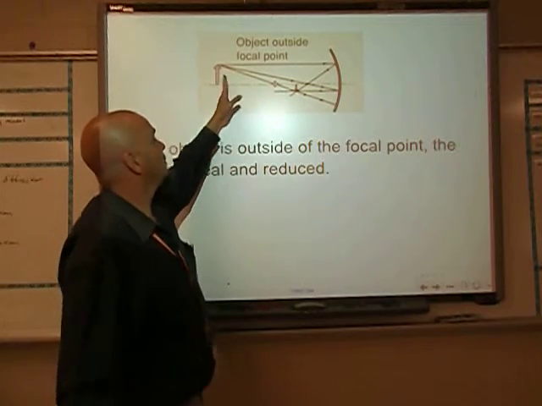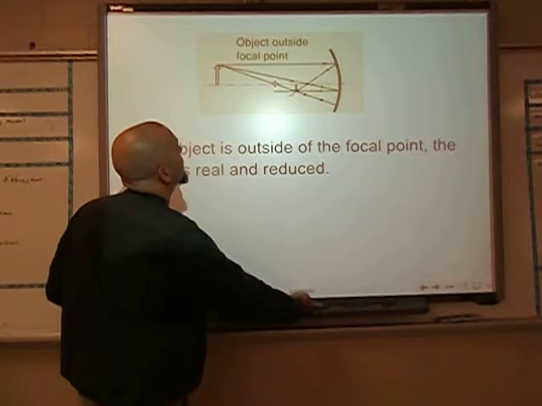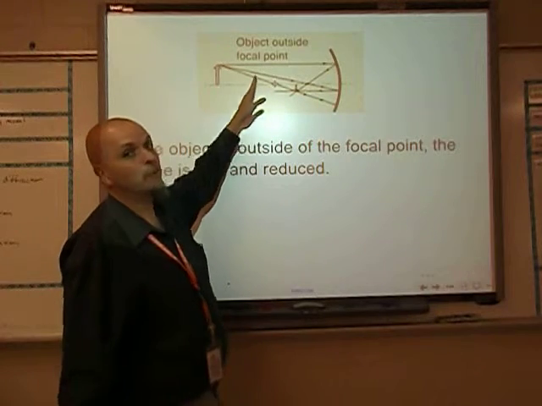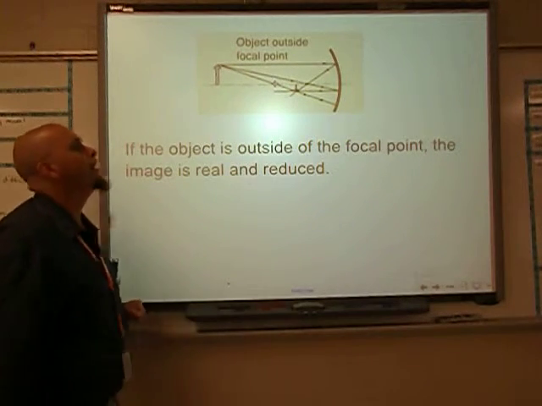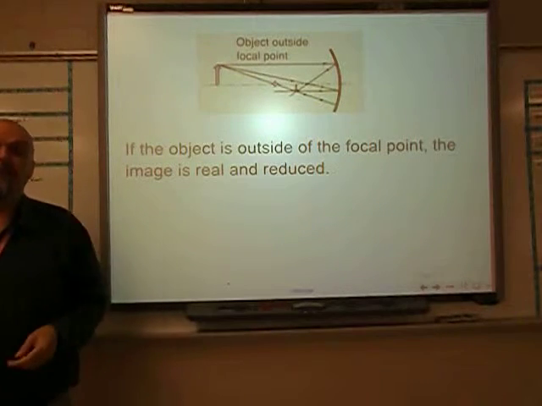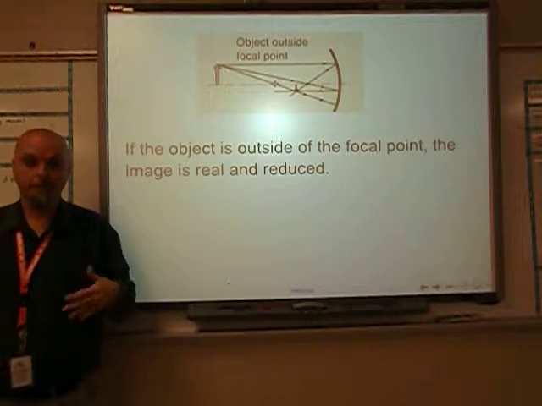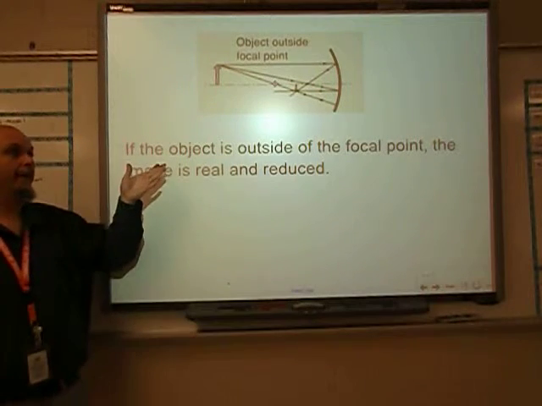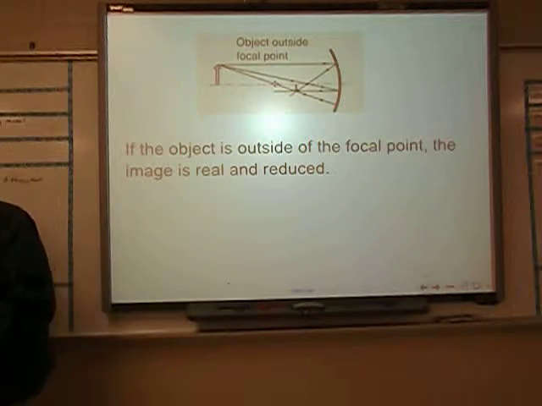Object is outside of that focal point, further away than that focal point. When that happens, you're going to get a real image. And this is the only scenario that produces a real image in a mirror situation.